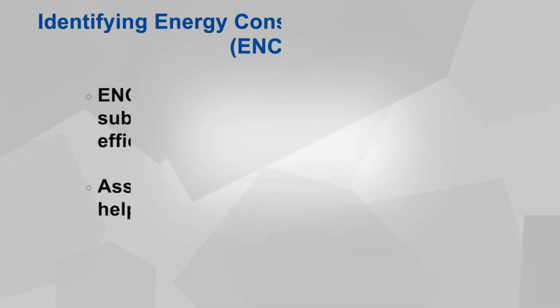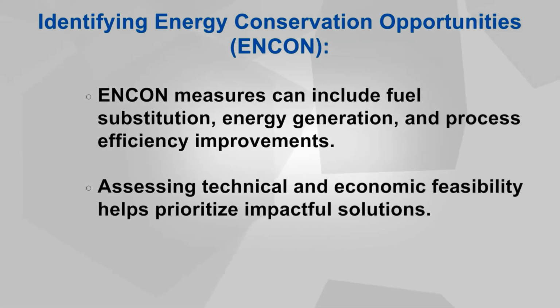The process typically includes analyzing energy consumption, understanding how energy is currently used within a facility, including identifying major energy consuming equipment and processes, followed by benchmarking, comparing current energy performance against industry standards or historical data to identify the inefficiencies, evaluating technological options, considering new technologies and practices that could enhance the energy efficiency.